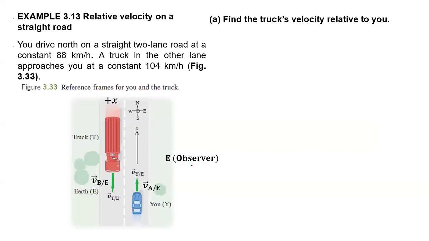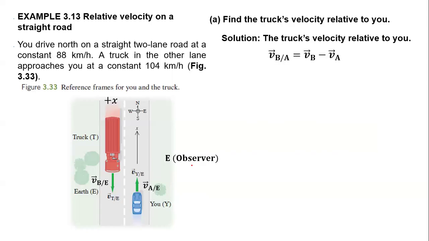So the first question is to find the truck's velocity relative to you. It just means the velocity of B relative to A, which is equal to VB minus VA. Okay. Since this is one-dimensional, this is a vector in one dimension.